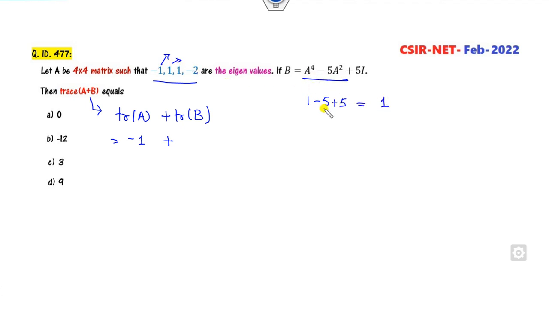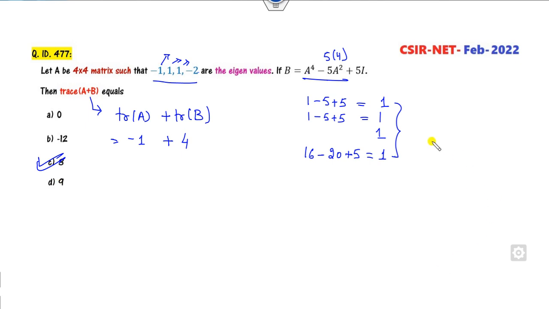When it's plus 1, 1 minus 5 plus 5, 1. Third value is again 1. Corresponding to minus 2, 16. It's 2, 5 into 4, 20 plus 5. It's a 1. So the trace will be 4. Eigenvalue 3 is the right answer.